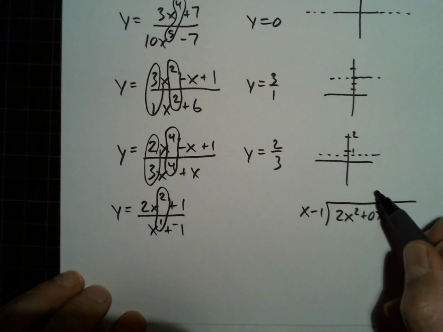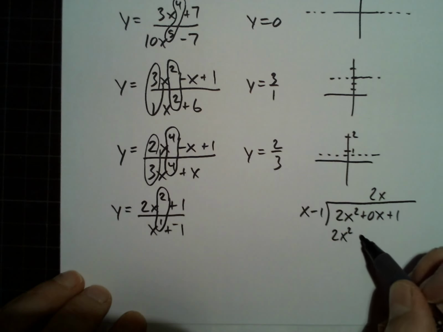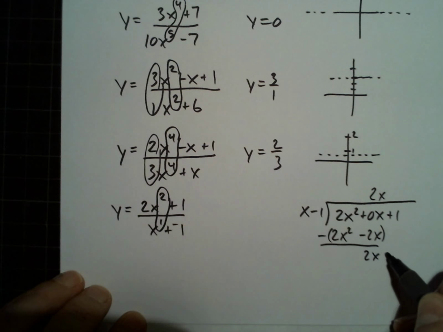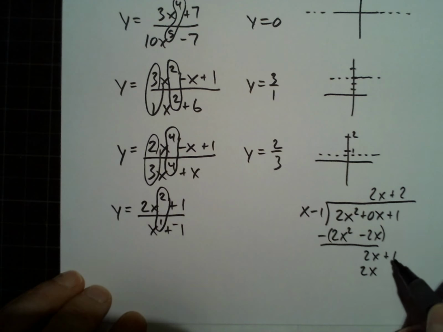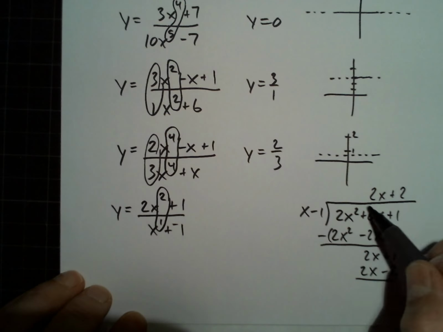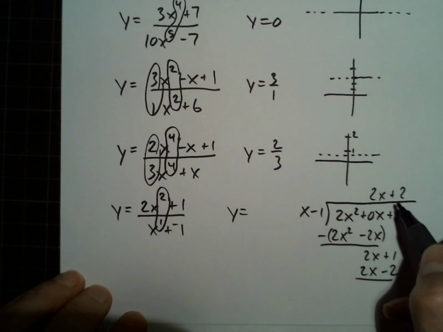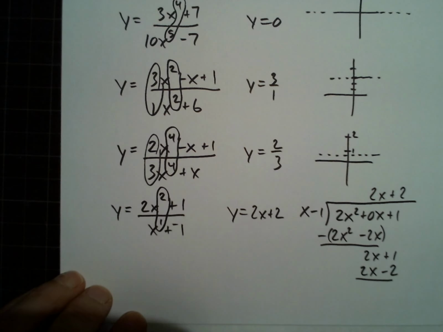And we're going to go 2x times x, 2x times negative 1, and then we go 2 times x, and we can stop there. We don't care what the remainder is. This is the asymptote. The asymptote is 2x plus 2. All right.